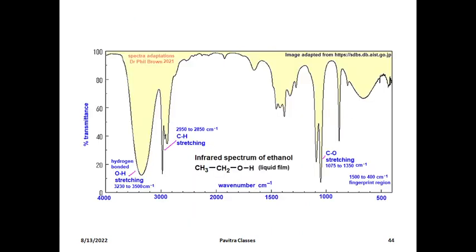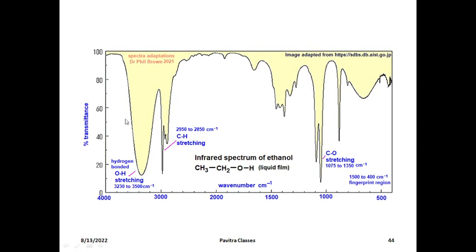So we will see one example. This is the ethanol molecule, CH3CH2OH. You know this is the ethanol structure. Once the IR graph is plotted, percentage transmittance is on the y-axis and wave number on the x-axis. This is the OH functional group stretching, 3230 to 3500 centimeter inverse.